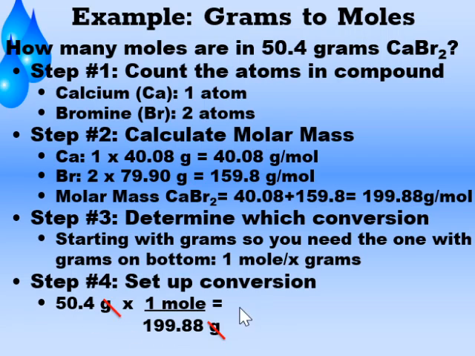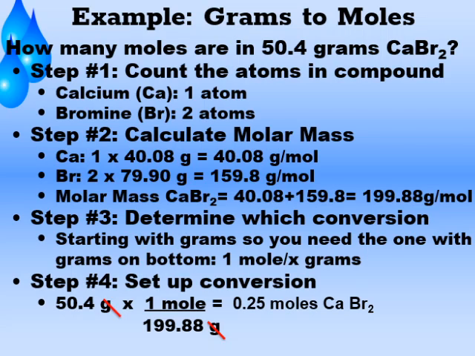And since this is on the bottom, we would divide 50.4 divided by 199.88, which would get us 0.25 moles of calcium bromide. So if I measured out 50.4 grams of calcium bromide, I would have 0.25 moles of calcium bromide.